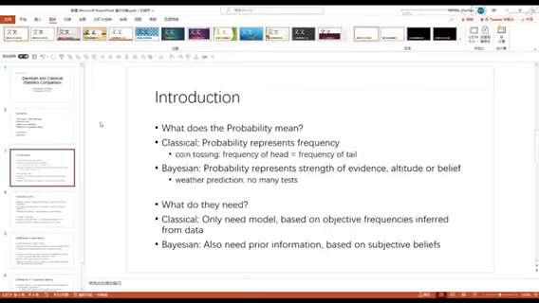But not all tests are like coin tossing, where we can repeat them many times. There exist many tests that we can't repeat many times. Weather prediction is an example. We can't do many tests for tomorrow's weather.